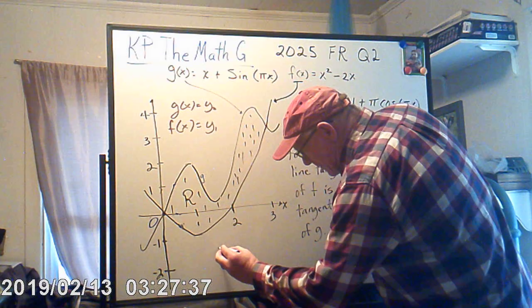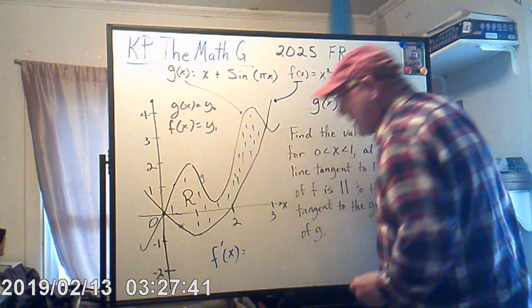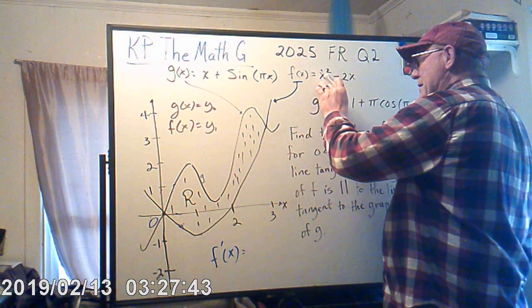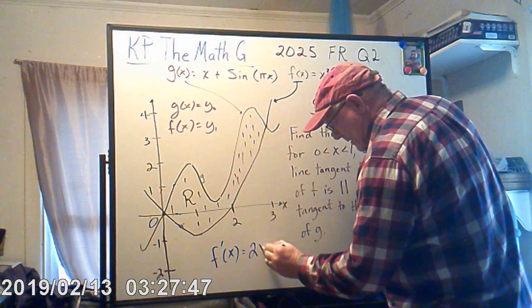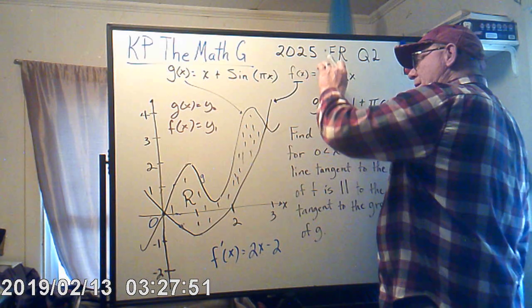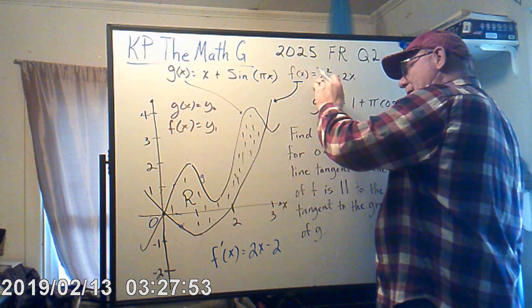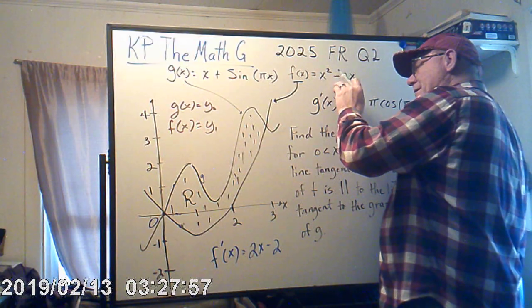So f prime at x is equal to 2x minus 2. The derivative of x squared is 2x, and the derivative of negative 2x is just negative 2.